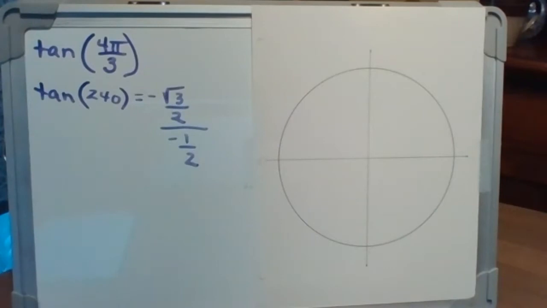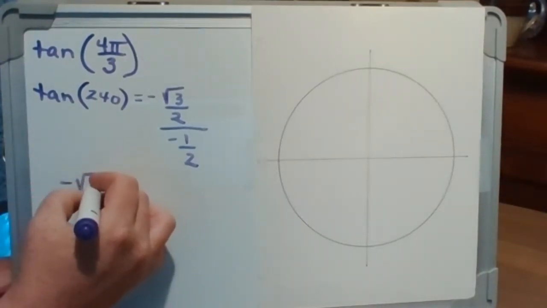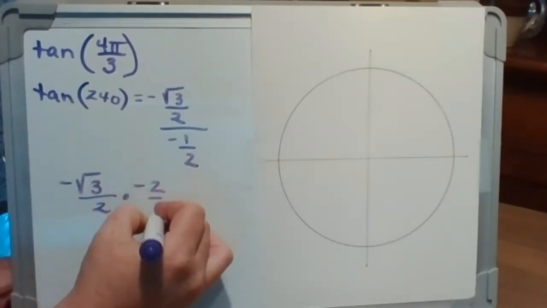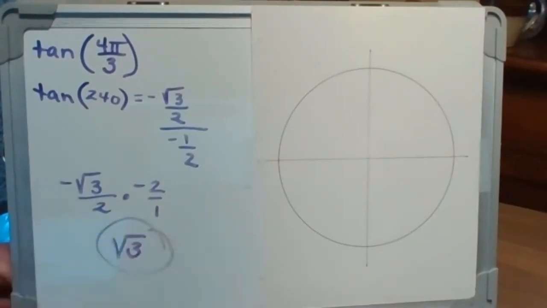And we want to simplify. Dividing two fractions, we turn it into multiplying by the reciprocal. We get a positive square root of 3. Questions?